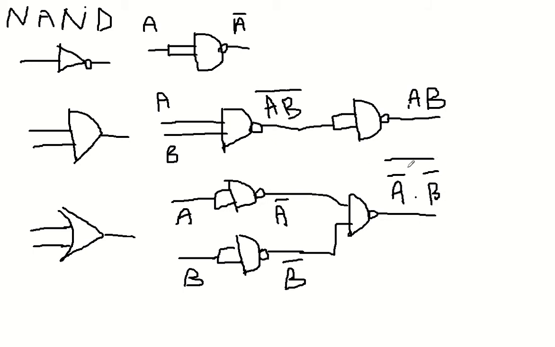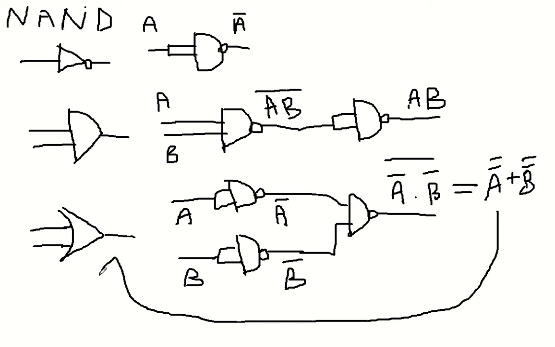If you apply De Morgan's according to this complement rule, what does it become? A double bar plus B double bar. So obviously it does look like A plus B, isn't it? A plus B. So what was our target? To make our OR gate, isn't it?